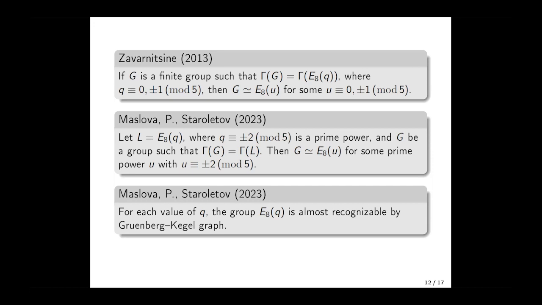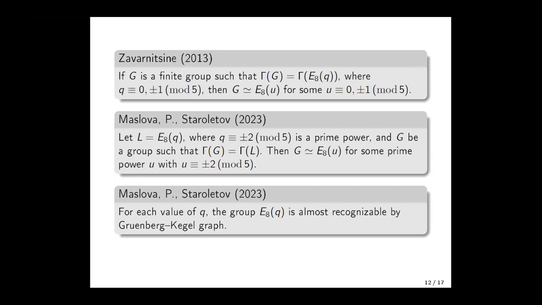So this is a fascinating paper where this result was presented. However, we were able to show that the same result holds for the remaining cases when the order of the field is equivalent to ±2 modulo 5. And using a few more technical lemmas, it follows that for each value of q, the group E8(q) is almost recognizable by Gruenberg-Kegel graph.